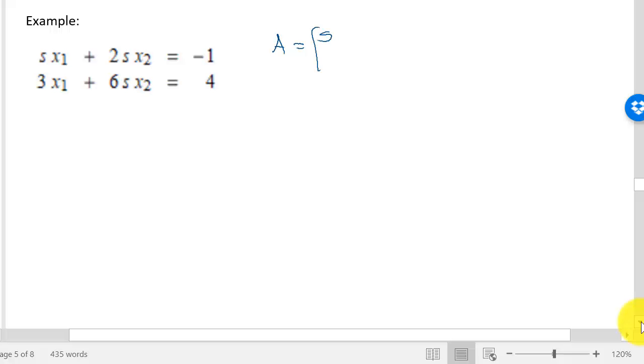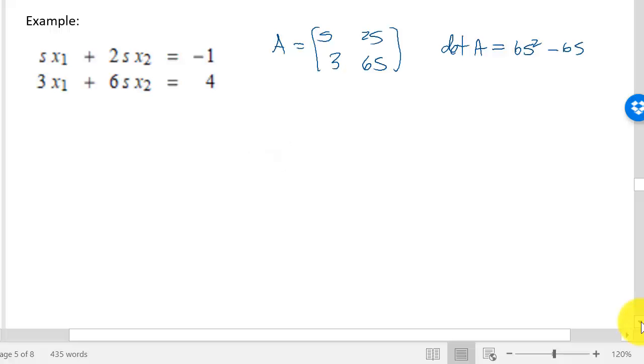The A matrix is going to involve a variable s: 2s, 3, and 6s. And so the determinant of that is going to be 6s squared minus 6s. So that's our determinant.